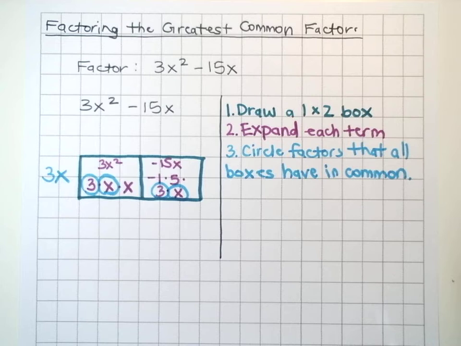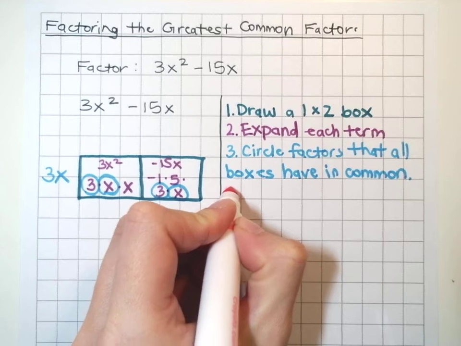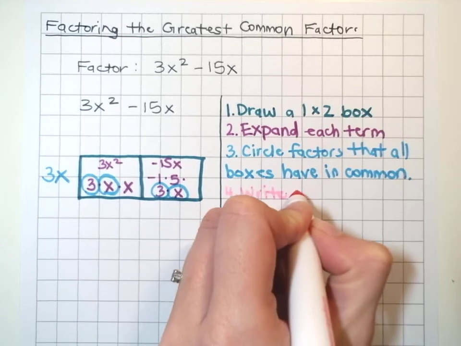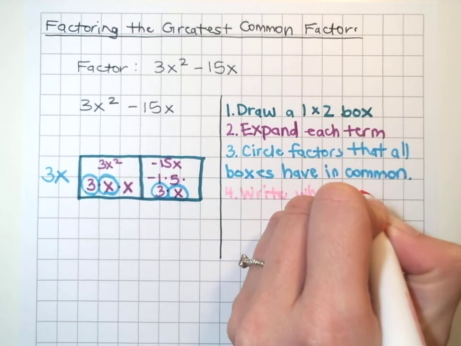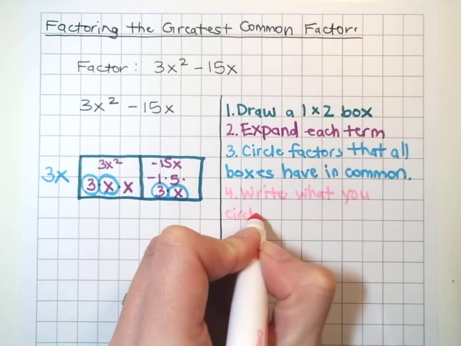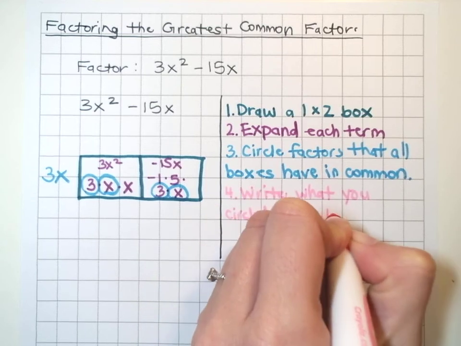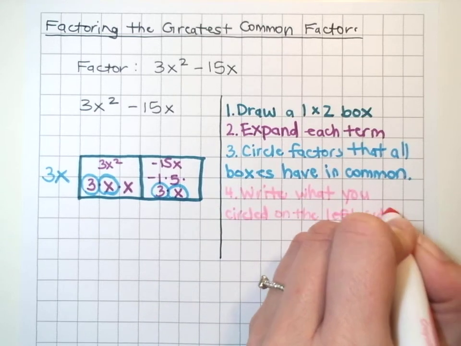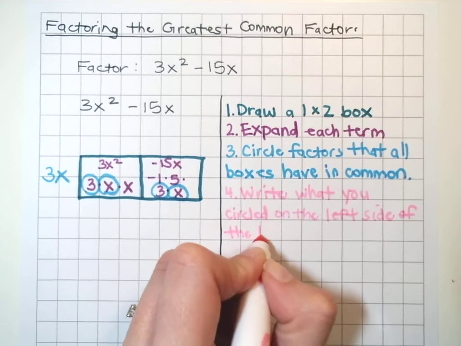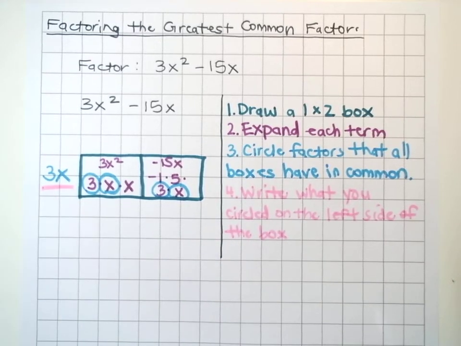And so that was step 4. You're going to write what you circled on the left side of the box, which is that 3x. Then the next step is you are going to write what is left in each box above it.